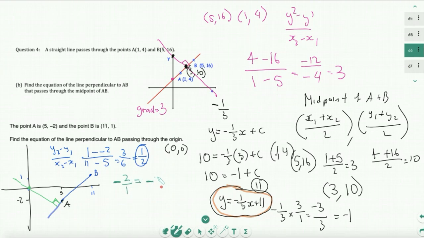So the gradient of our green line is negative 2. So far we know it's y equals negative 2x. And it says our line passes through the origin. Oh, that's very convenient. Therefore, our line has a y-intercept of plus 0. So this is the equation of our line.